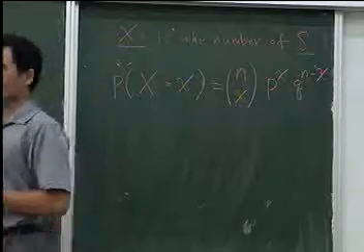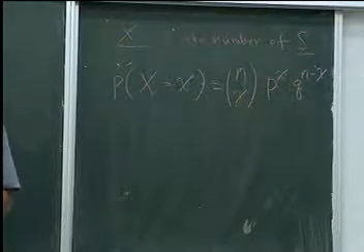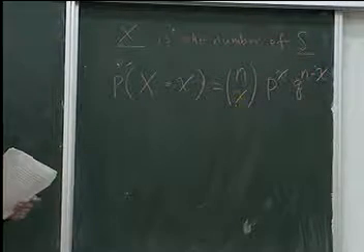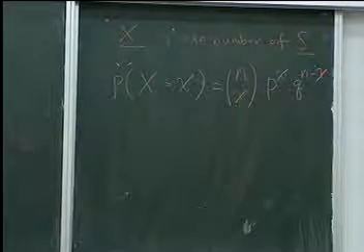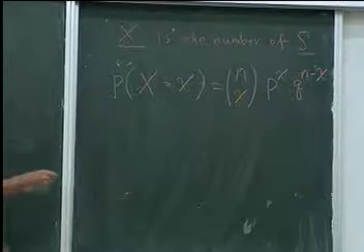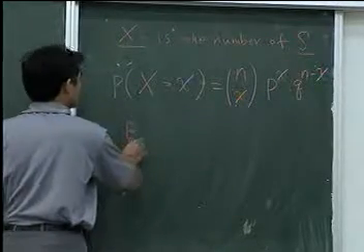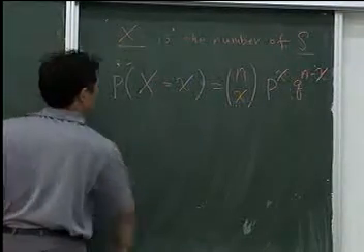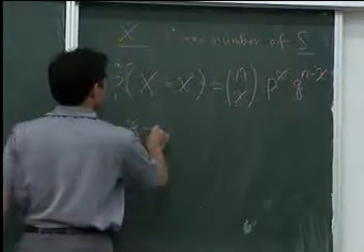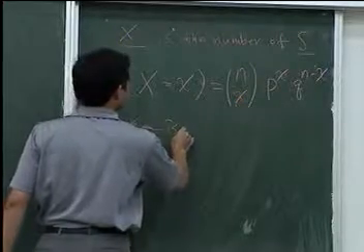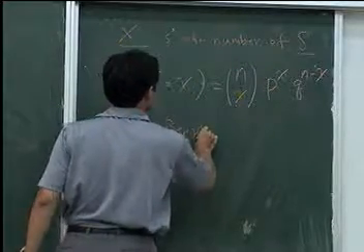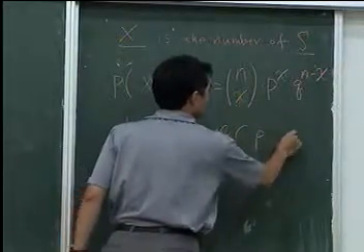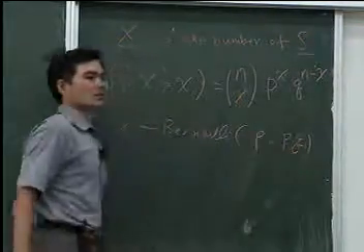And now we want to get to the mean and variance of a binomial distribution. Because a few minutes ago, we just talked about the Bernoulli. If x is a Bernoulli trial, we know the mean is p and the variance is p times q.